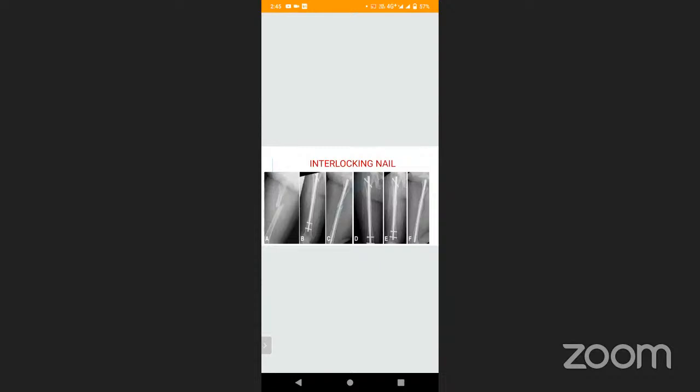It can come out of the medullary canal. But in the interlocking intramedullary nail, after reducing the fracture, we introduce the interlocking nail and fix it both proximally and distally with the help of screws. So it will become immobile. After the introduction, the nail will not move. This is another advantage of the interlocking nail.